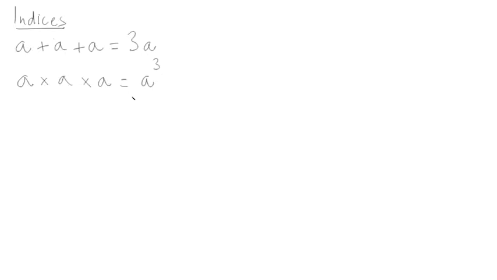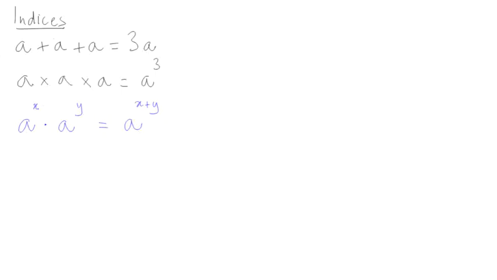Now there are certain rules of indices that you can use which are nice and handy. The first one is the following: if you have some number a to some power x multiplied by the same base a to another power y, then you can simplify that to a to the power x plus y.